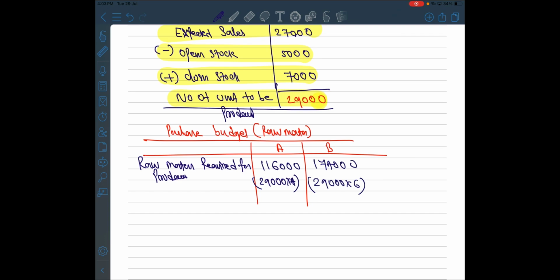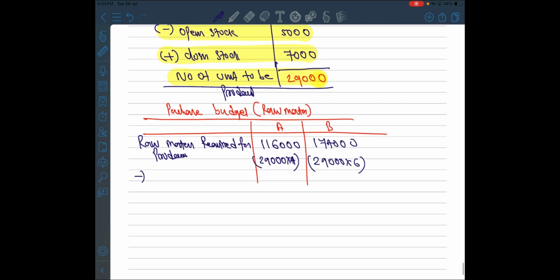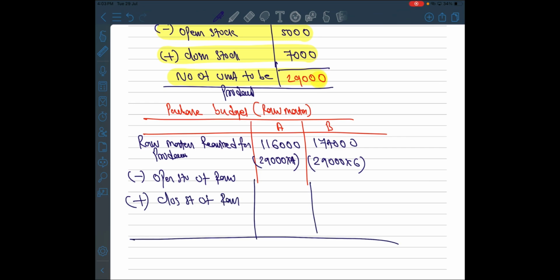But we have to consider two other things. What is the opening stock of raw material and the closing stock? Less opening stock of raw material, add closing stock of raw material. What is the opening stock?